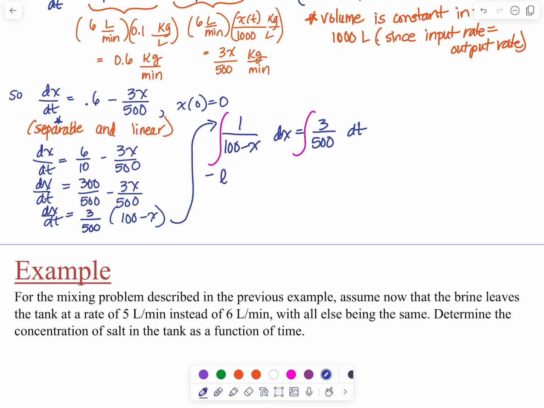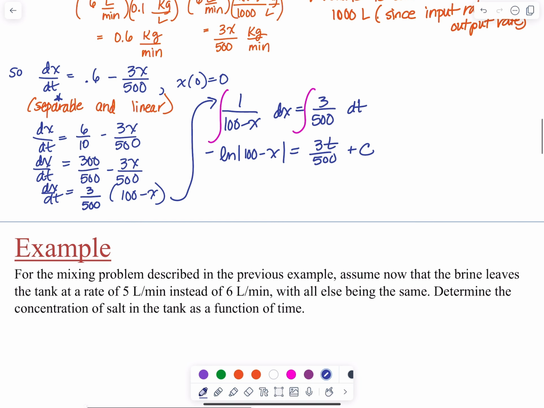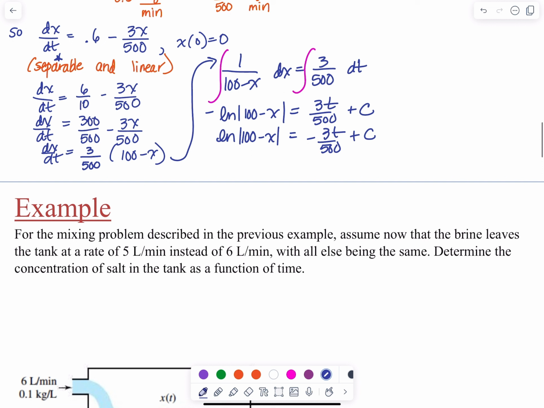And we have the opposite of the natural log of 100 minus x is equal to 3t over 500 plus a constant. Continuing on in the same fashion, we'll multiply both sides by a negative, and this constant is still a constant.